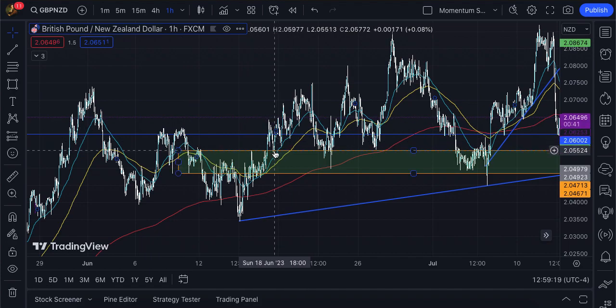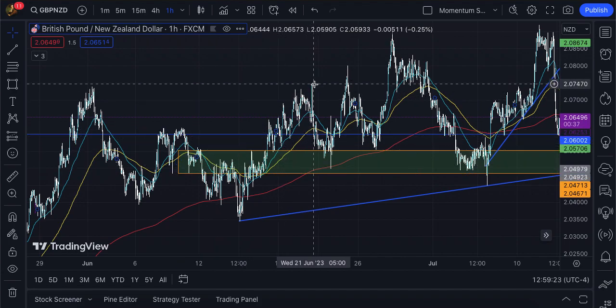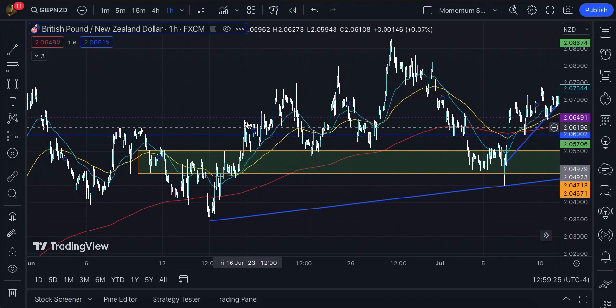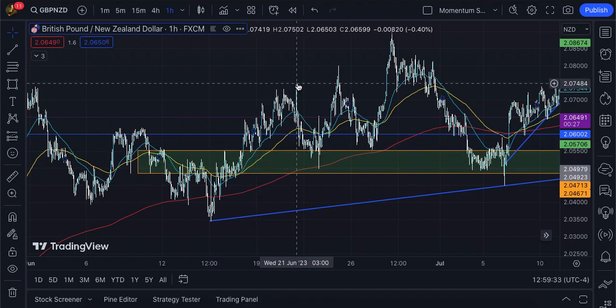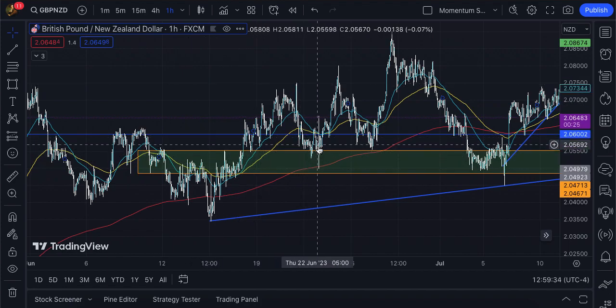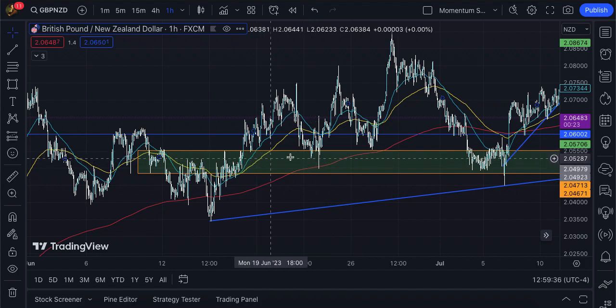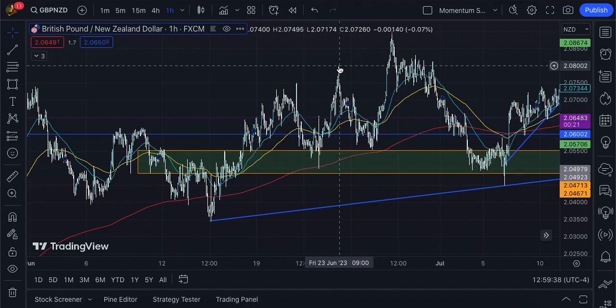Came back down to retest the accumulation area and then broke out to the upside, right? So we have a break of previous highs, retest of where all these orders are coming, and then a move to the upside. Price comes back down, retests the accumulation zone again, breaks up to the upside again.